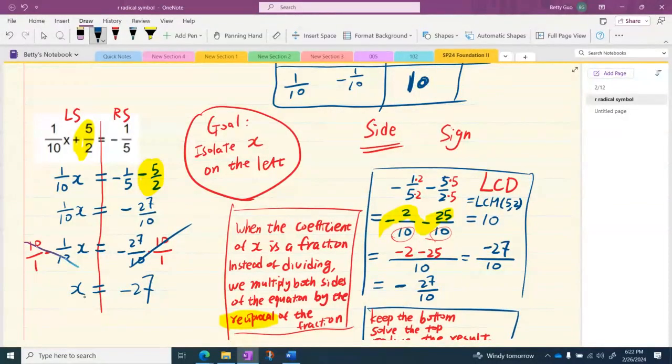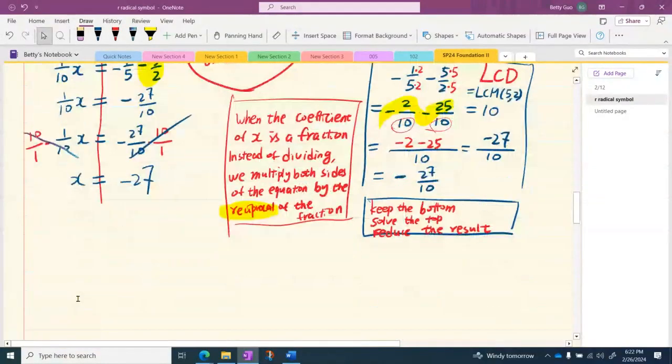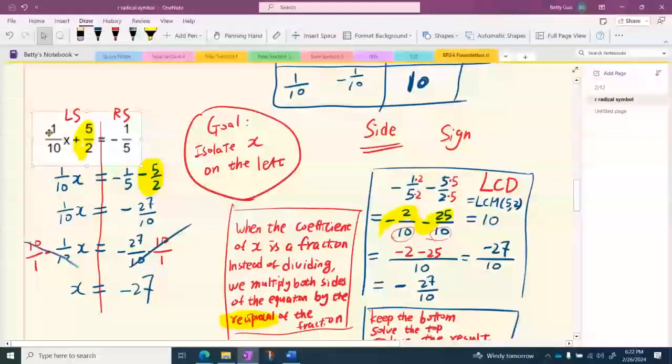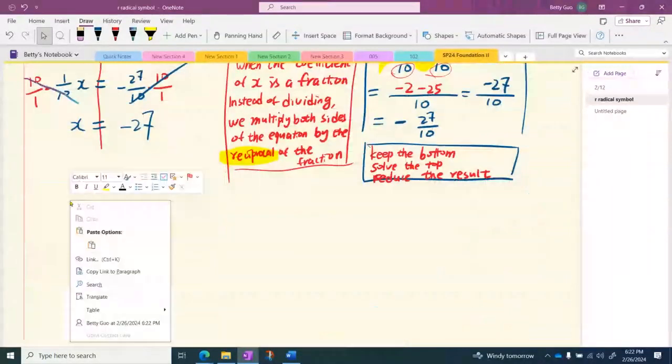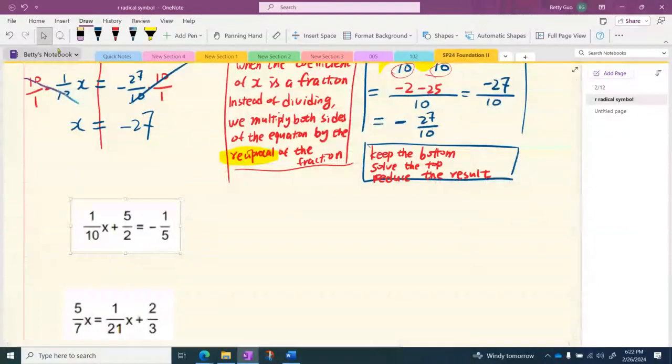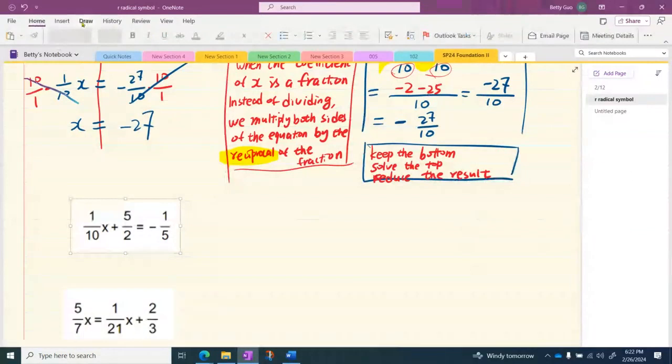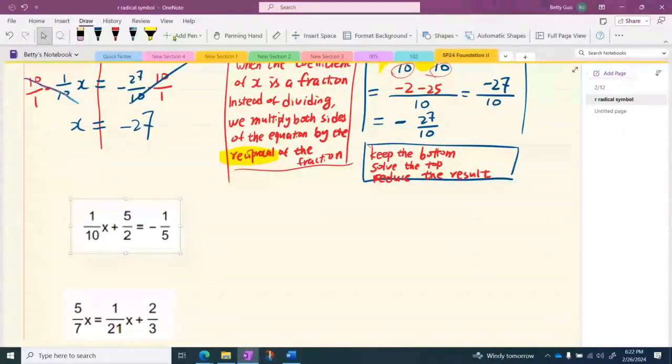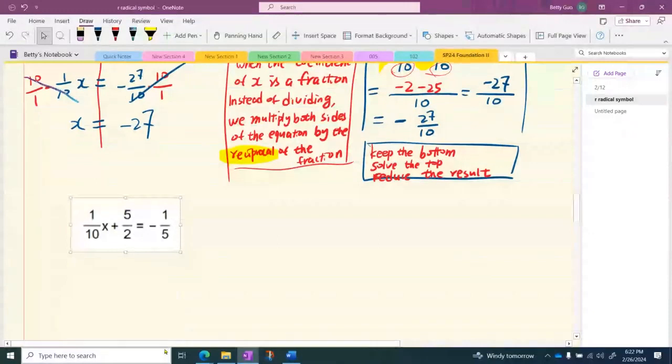Second method is actually my method, the method I try to make my students use.